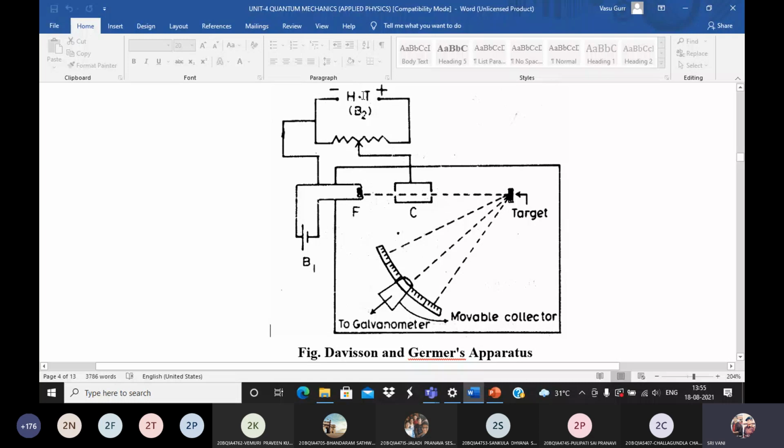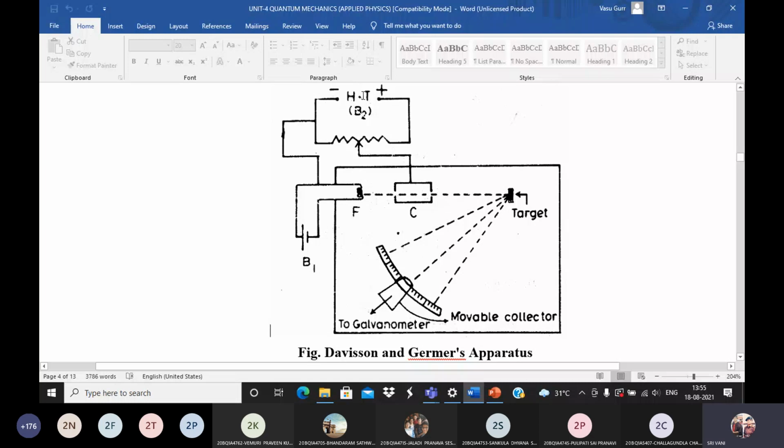In the experimental diagram, the tungsten filament present in the electron gun is heated with the help of electrical battery B1. Then it produces electrons. Those electrons get accelerated until they reach the desired velocity. And here we have another high tension source, B2, to supply the desired velocity to the electrons.